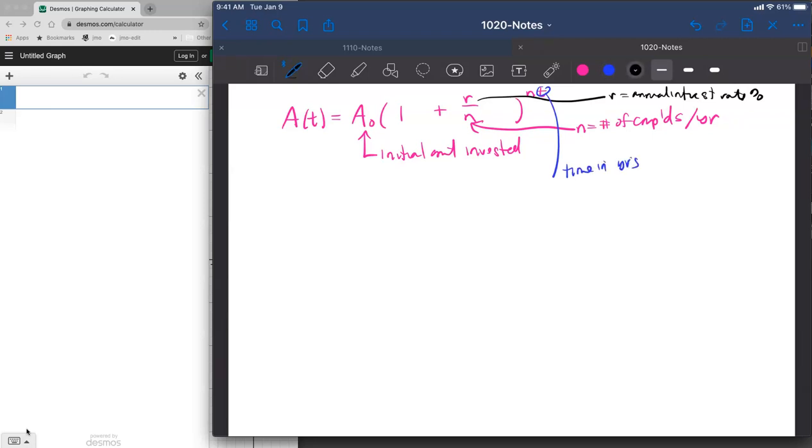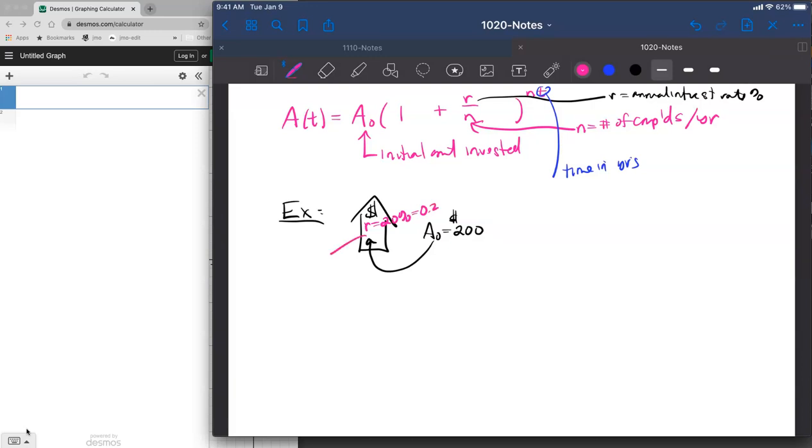Some examples we could do here: imagine that you've gone to the bank with, say, $200. You're going to give the bank that amount of money. The interest rate you agree on with the bank is, let's say, 20%, otherwise known as 0.2.